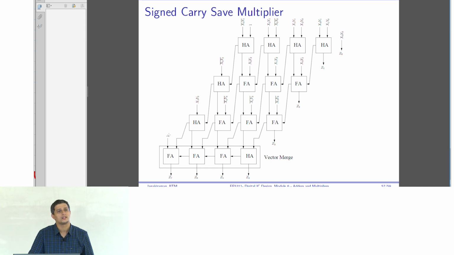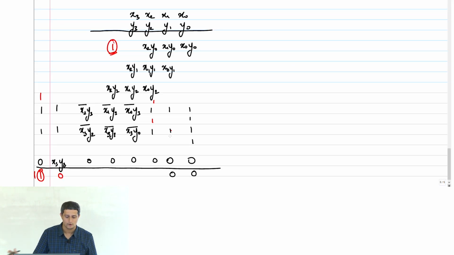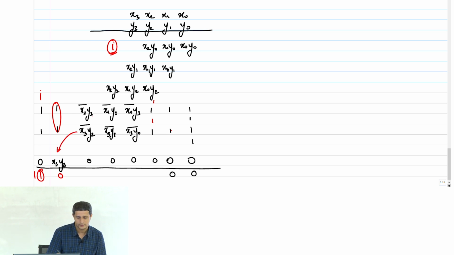Finally, I have to add this 1. Where did that 1 come from? Because I add these two ones, I get 0, and then I add a 1 on top there. So the final carry out generation after adding x3, y3: the addition of x2, y3 and x3, y2 will give me a carry.